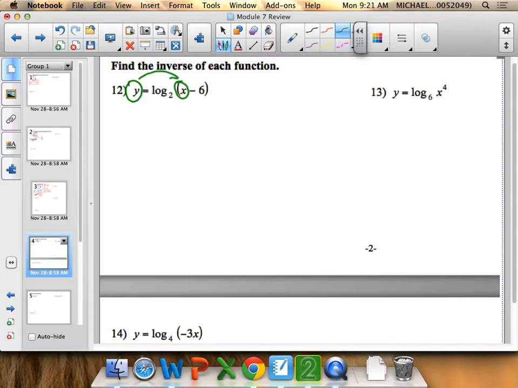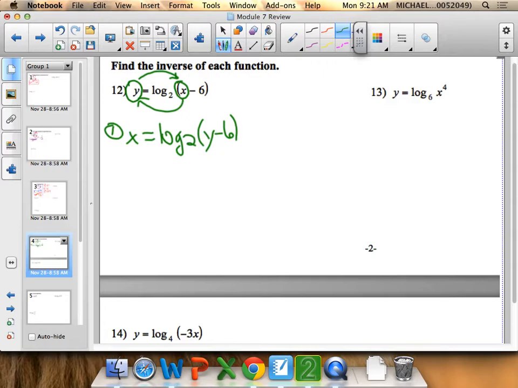So that's why you switch the locations algebraically of the y and the x in the equation given. So my first step is to rewrite it as so: x equals log base 2 of y minus 6. That is the first step.